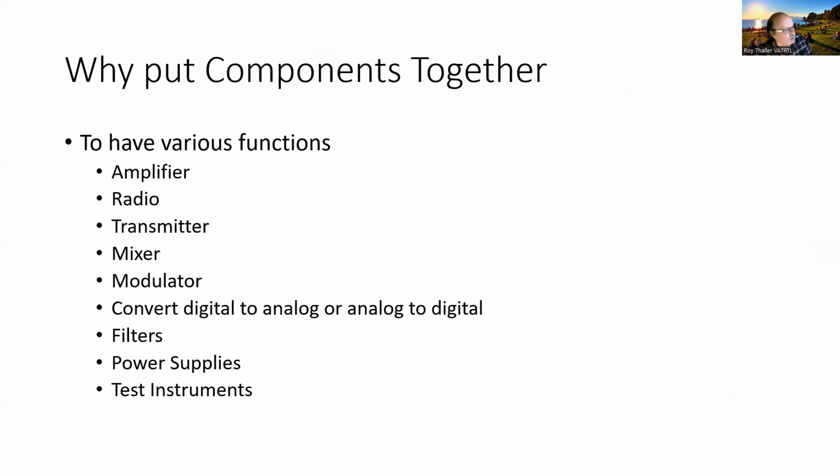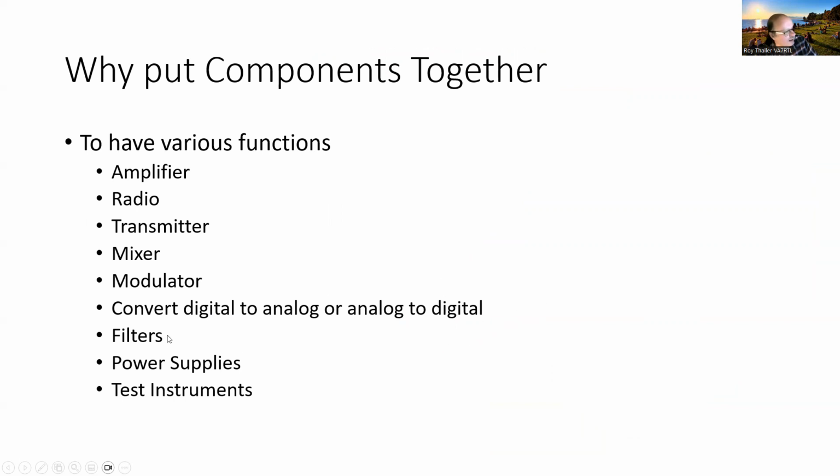So why do you want to put all these components together? Well, they'll have various functions depending on what you put together. They can be an amplifier, a radio, a transmitter, a mixer, a modulator, or a converter to convert digital to analog or analog to digital signals, and you need this for your microprocessors.